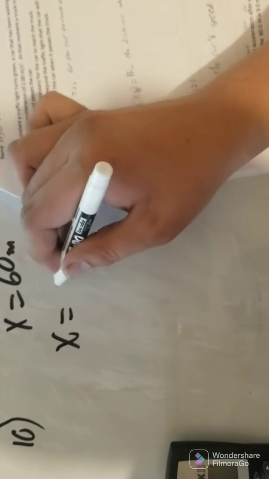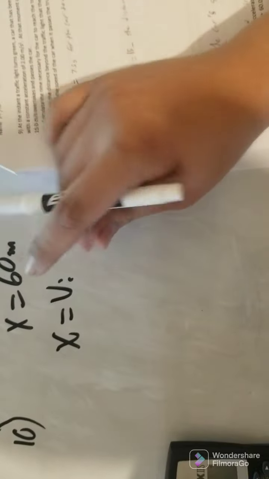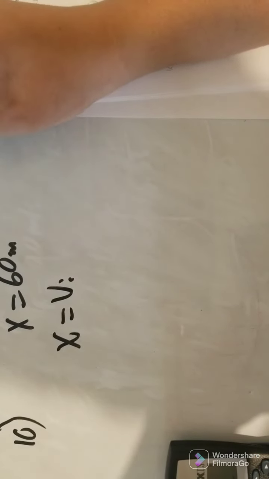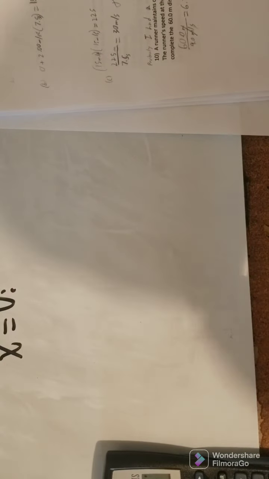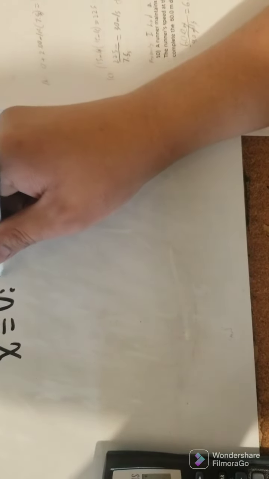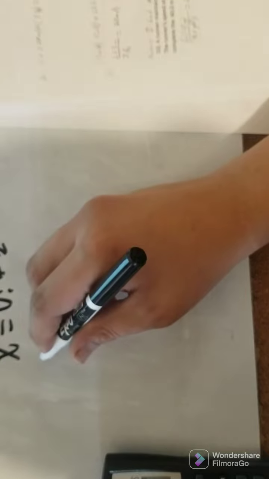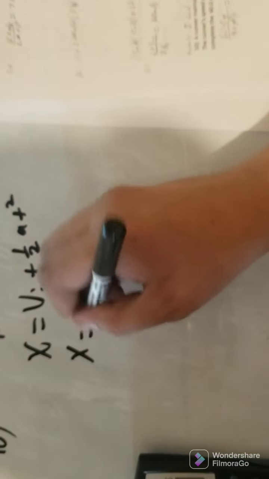And my final velocity, VF, I always forget about that one, is equal to 9.00 meters a second squared. So we're going to plug into our formula, VI plus 1/2 times a times t squared. We need to find how long it took her to finish the race.